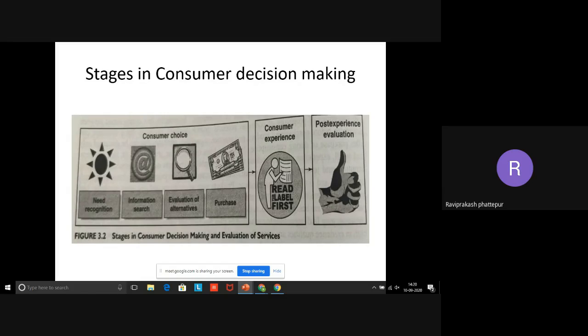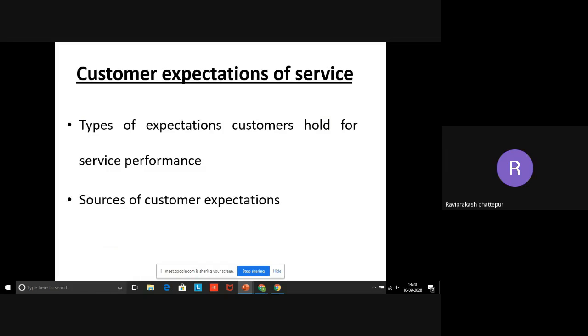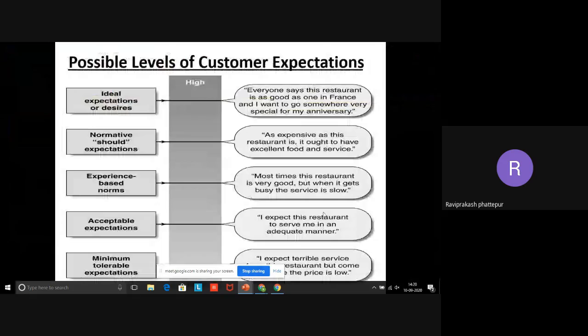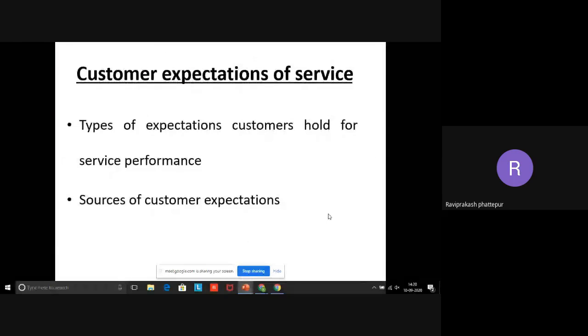So moving to the next one, that is customer expectations of services. So what do you mean by customers' expectation of services? I'll tell you a small instance here. There were few people from US who wanted to travel to London.